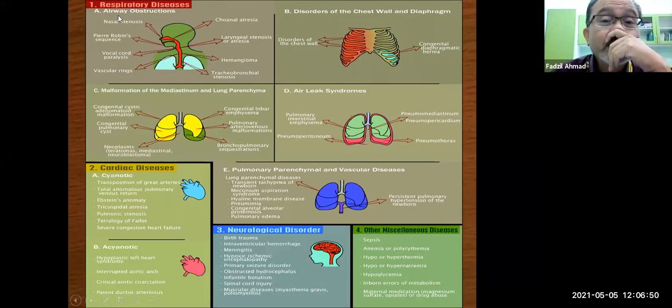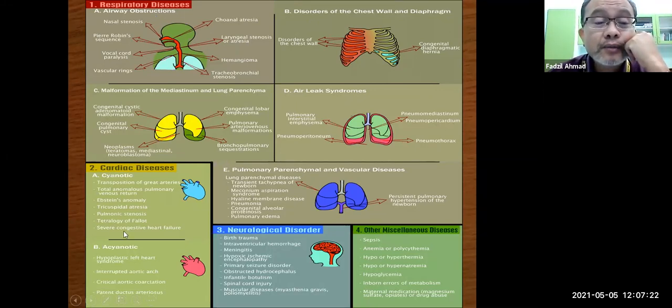The respiratory causes start from airway problems, airway obstruction, like the main thing, laryngomalacia, or disorder of chest wall and diaphragm, malformation of mediastinum and lung parenchyma, Ehrlich syndrome, pulmonary parenchymal vascular disease. There is a respiratory problem.